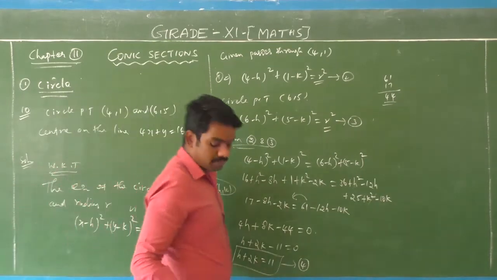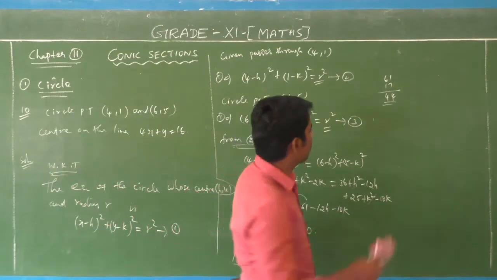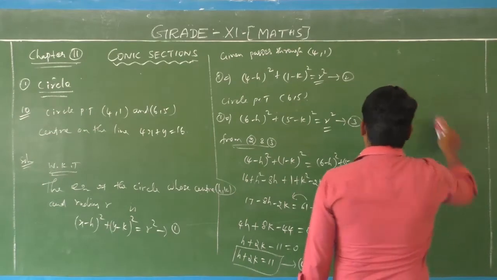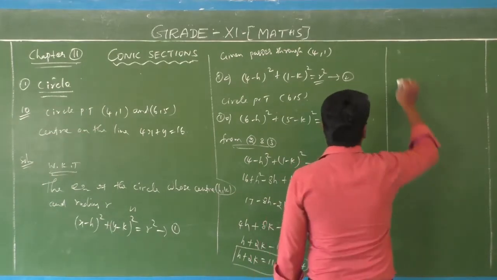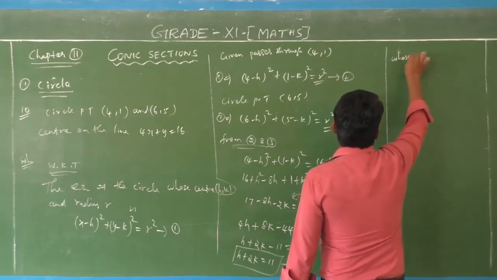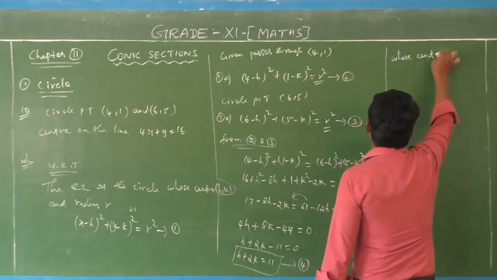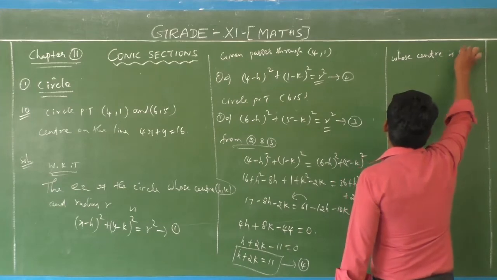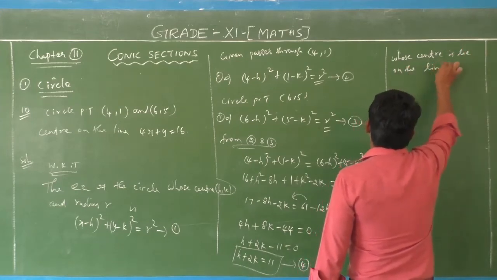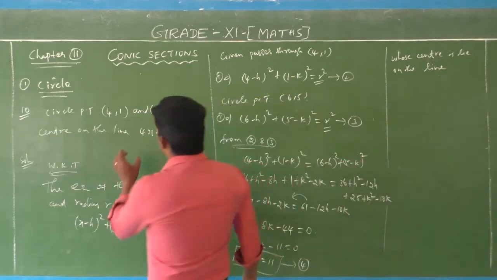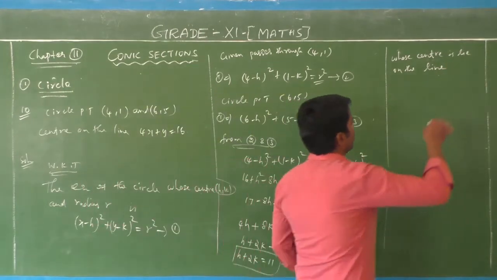Right. Next one. Another given information: the center of the circle lies on the line 4x plus y equal to 16.